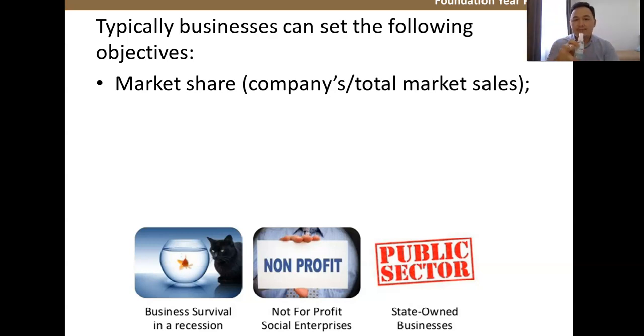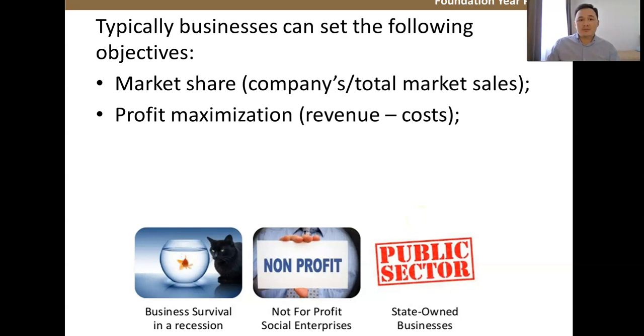How about your company? If your company is generating, say, 1 billion, which is a very large company in this particular case, that means that your market share is going to be 1 billion divided by 5 billion, and therefore you're controlling and owning 20% of the market. So that's the market share. It's always a percentage.